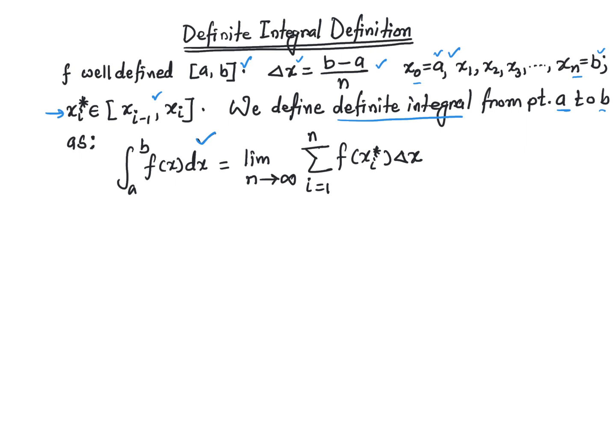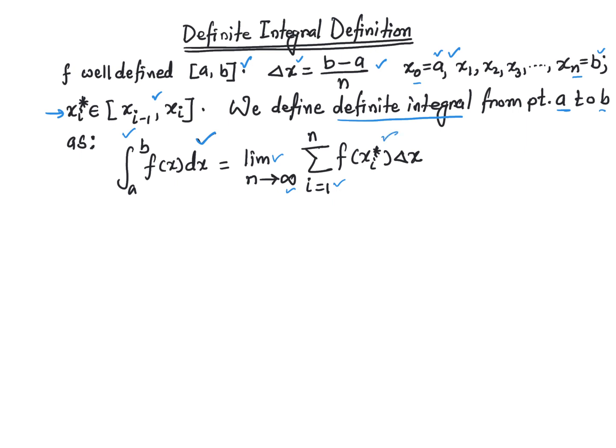This is how we read the integral from a to b of f of x dx, which is going to be equal to the limit as n approaches infinity of the summation i equals 1 to n of f of x sub i star times delta x. So in essence, you're finding the limit as n approaches infinity of this summation.